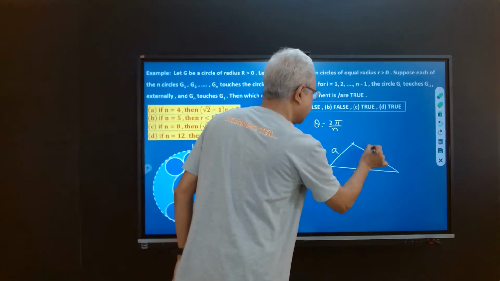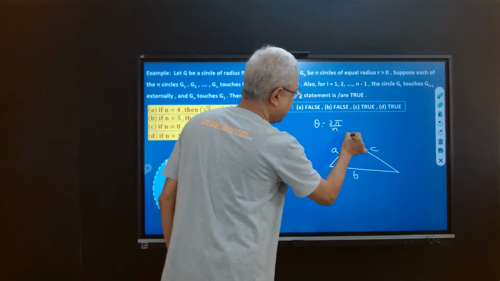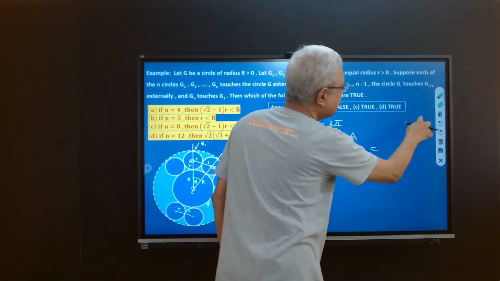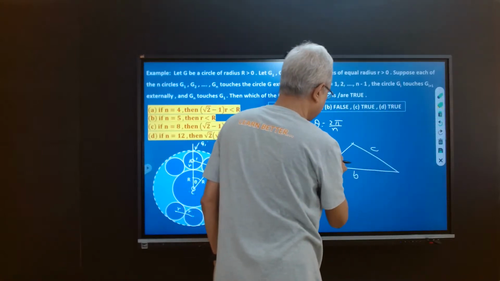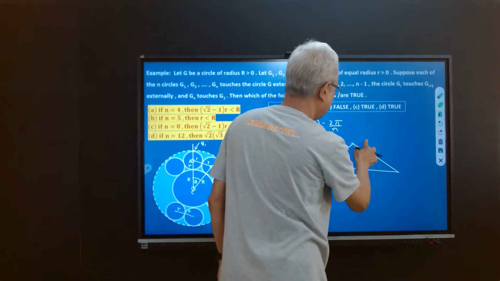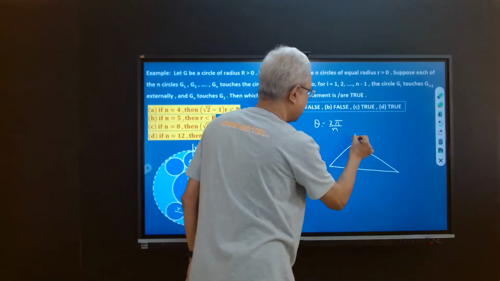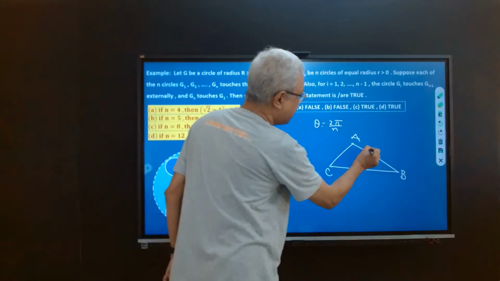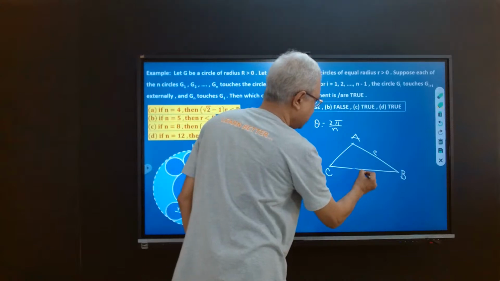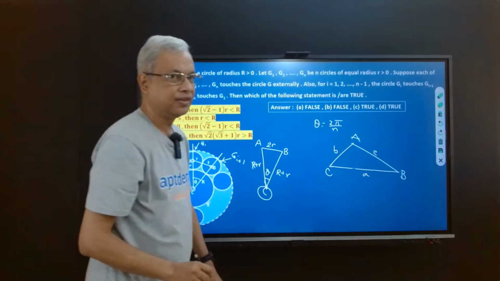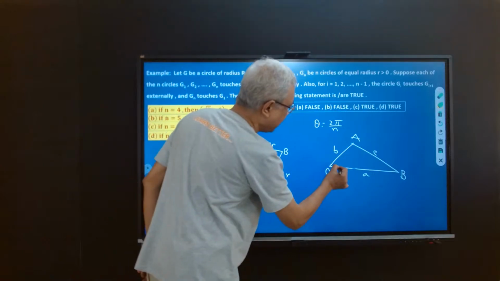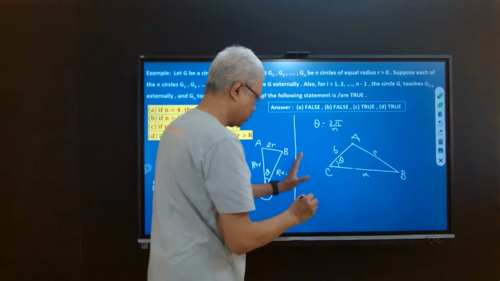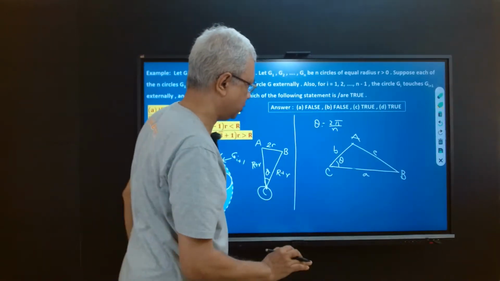Remember this thing, so this is a triangle, let me call this triangle ABC, capital A, B, C. So this side length I call it c, this side length I call it a, this side length I call it b. Okay, and if this angle is theta, don't confuse this theta and this theta, this is a separate issue. Just think it is a separate issue.